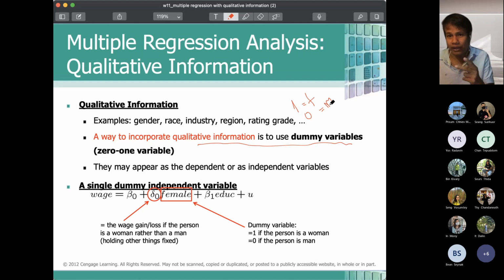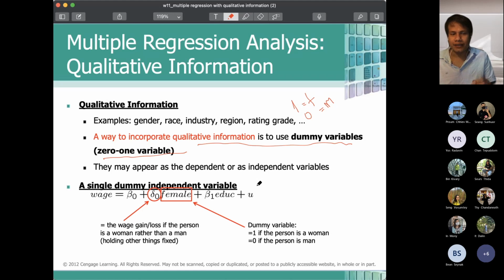If you have 2 categories, 1 category must be equal to 1, another category must be equal to 0, all right? So we call it a dummy variable. Specifically, it is a 0, 1 variable. And that qualitative information can appear as dependent or independent.